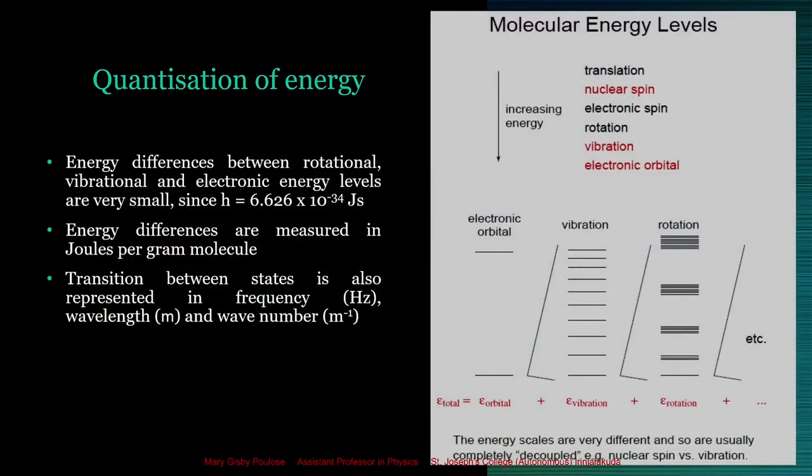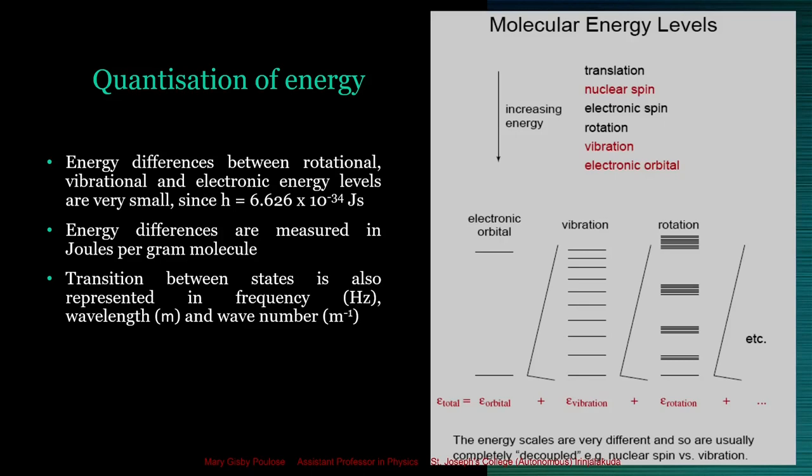Now, the energy differences between these rotational, vibrational, and electronic energy levels are very small, because E is equal to h times nu. h is of the order of 10 raised to minus 34. Planck's constant is 6.626 times 10 raised to minus 34 joule seconds. So the energy levels will also be very closely spaced.